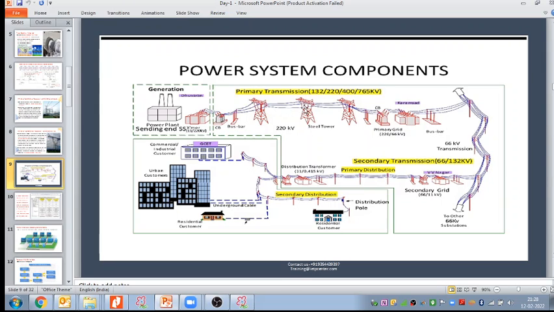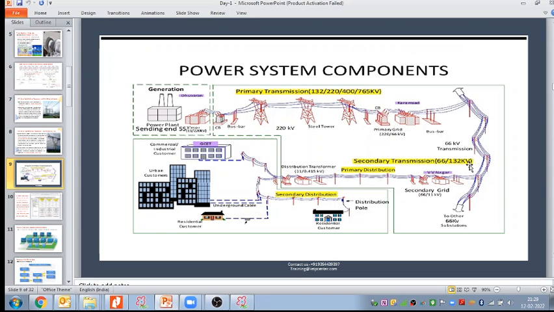It depends on how much power we need to transmit and over how much length, right? So this is the transmission network, and then here we have the primary grid that takes 220 kilovolt and steps down to 66 kilovolt, and then this 66 kilovolt is again transmitted, which is the secondary transmission, 66 to 132 kilovolt.